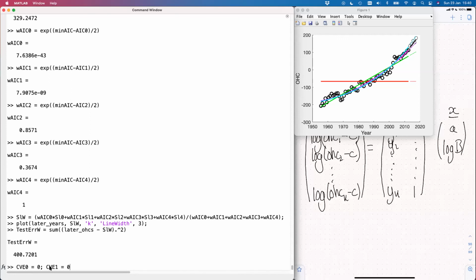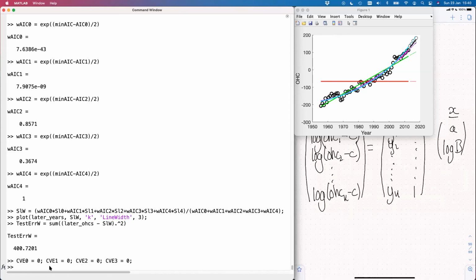We'll accumulate them as we go around a loop over the data points. So we need one for each of our models. Now, for k equals 1 to K.